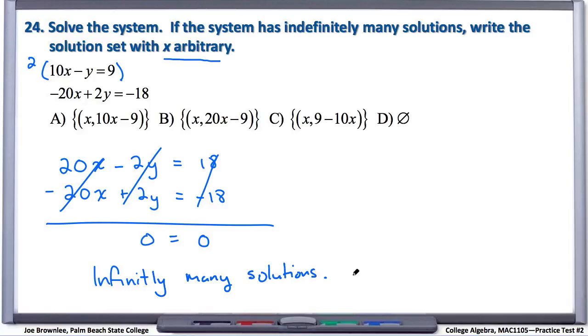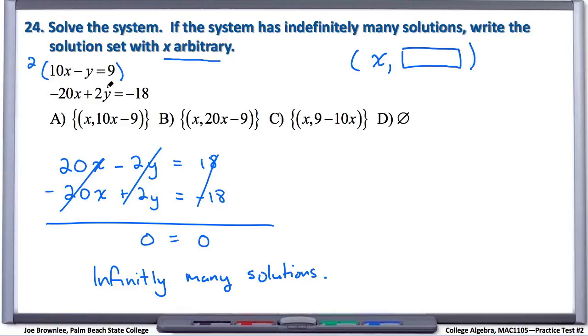And in order to write the ordered pair, remember, x comma y, they've asked us to write the solution with x arbitrary. And all that means is that in our ordered pair, we're going to have x, like normal, comma, and then here we're going to have some expression that defines y in terms of x.